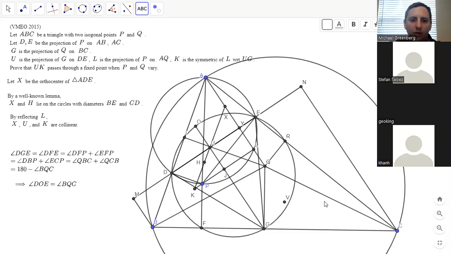So we have PBD is equal to BFD, because PDBF is cyclic. Okay. And then finally, we have BFD is equal to UED, because DFGE is cyclic. PFD is equal to what?